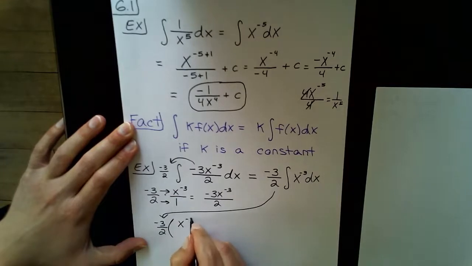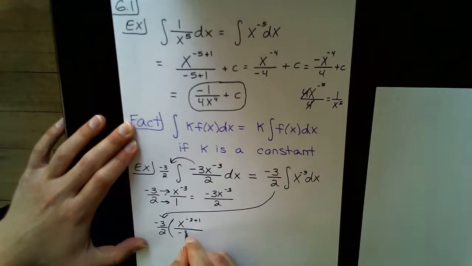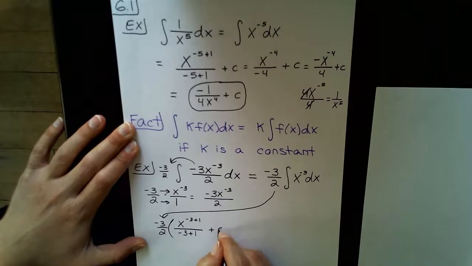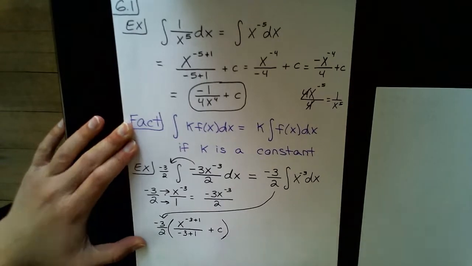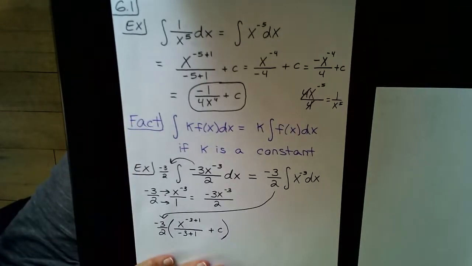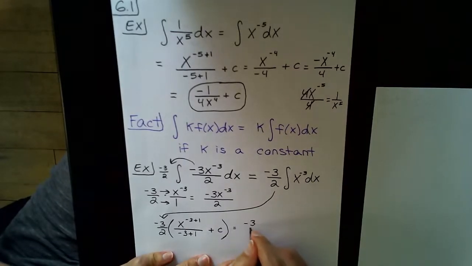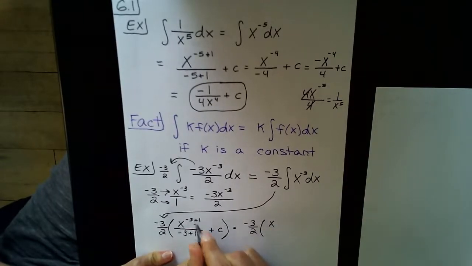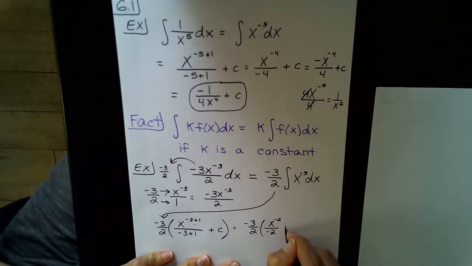Remember, we take x to the negative third, we add 1 to the exponent, and we divide by the new exponent, negative 3 plus 1, and then we add our constant c. We'll start simplifying this. So we have negative 3 over 2 times the integral of x to the negative 2 over negative 2 plus c.